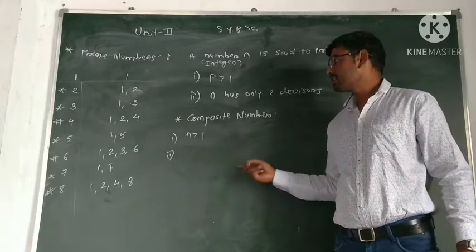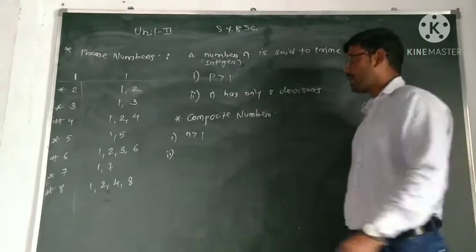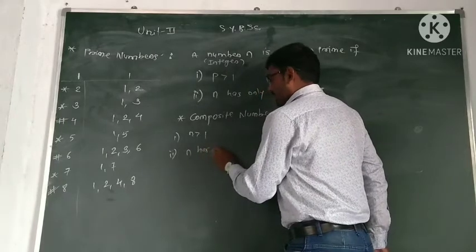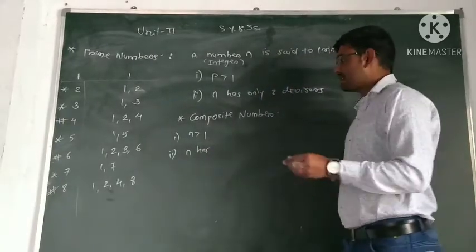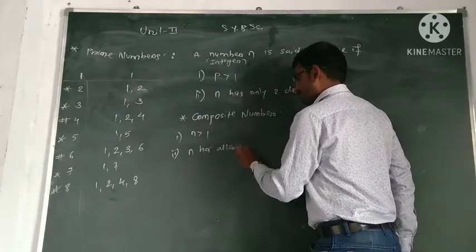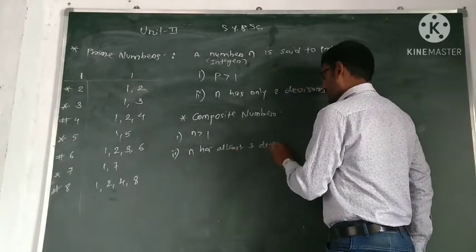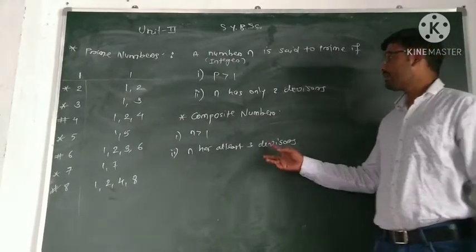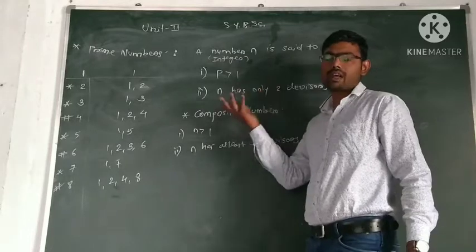Or the second condition is that n is not prime. Okay, or we can say n has more than 2 divisors, or at least 3 divisors. Or we can write that a number is said to be composite if it is not a prime number.